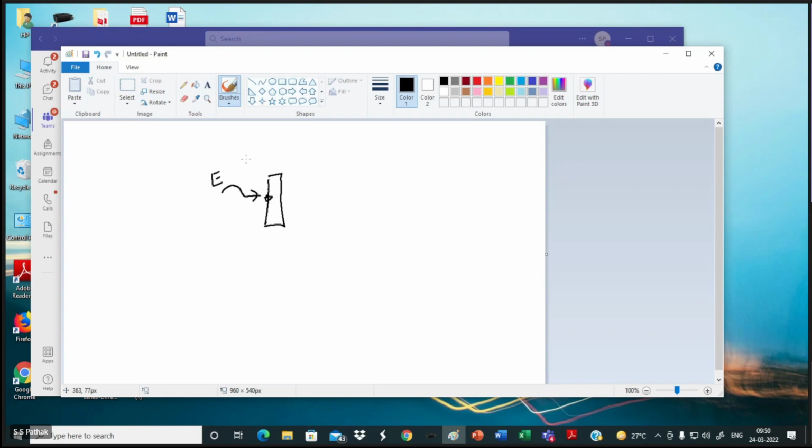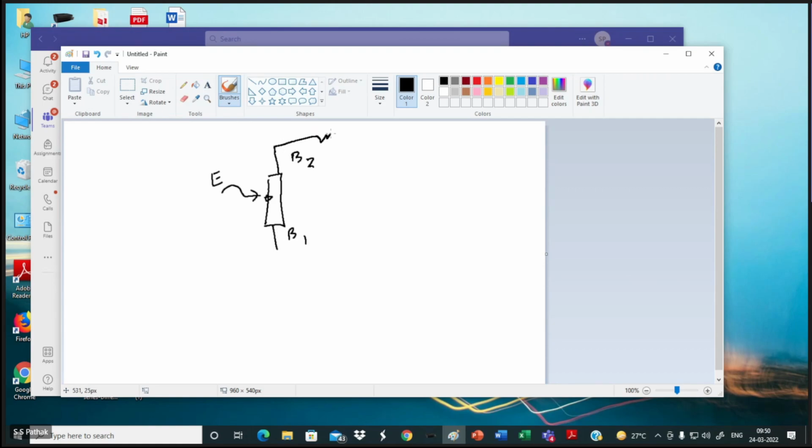This is the emitter. This is base 1 and base 2. This is the diagram I discussed earlier. This is my base 1. So if I am applying voltage directly here, I have got the result I have shown to you.